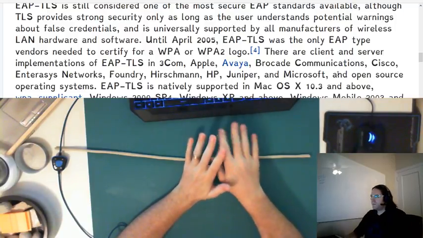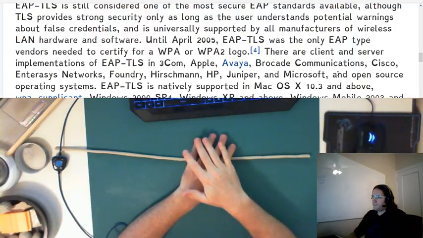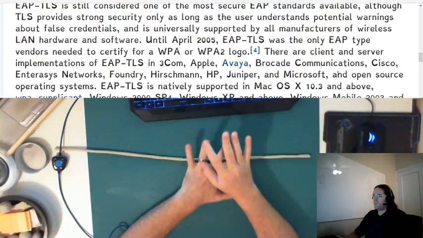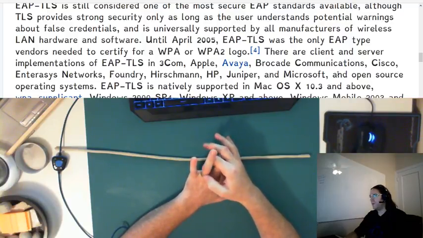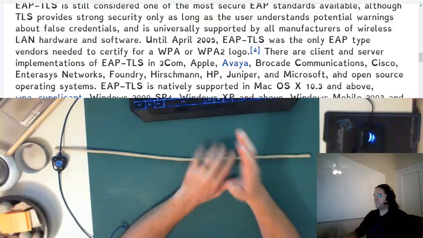Until April 2005, EAP-TLS was the only EAP type vendors needed to certify for a WPA or WPA2 logo. Okay, that makes sense.